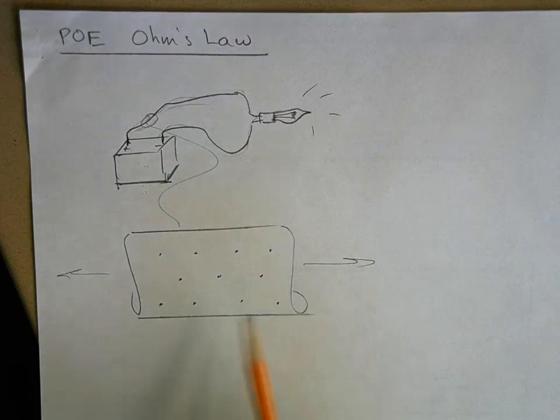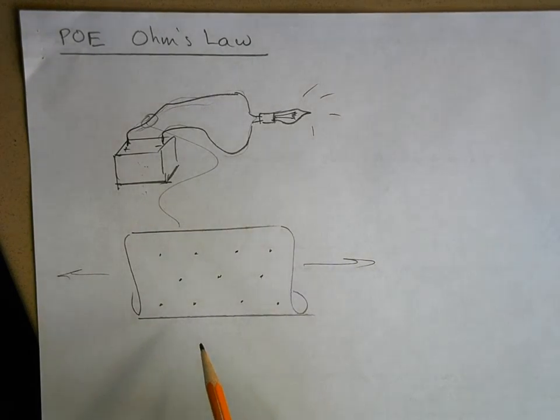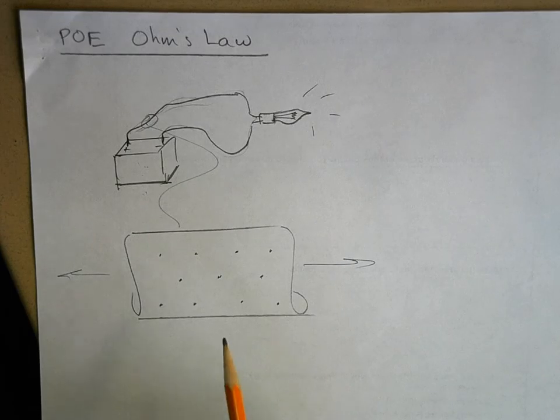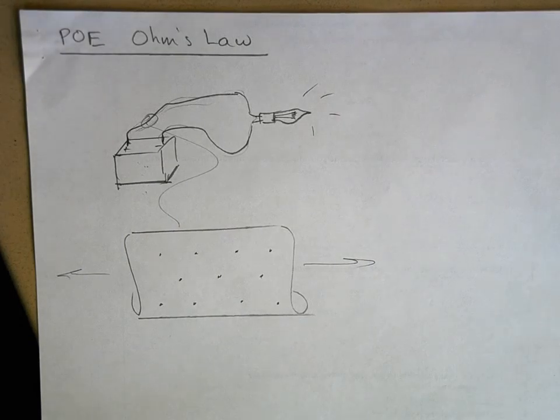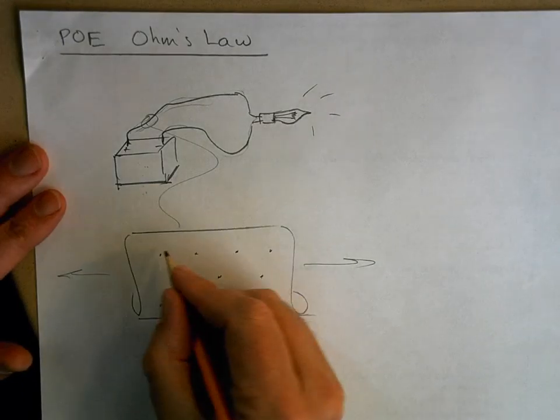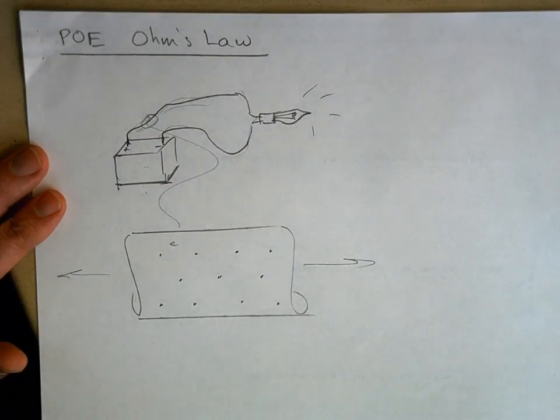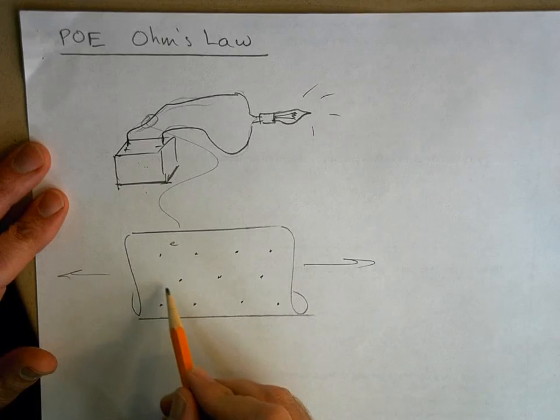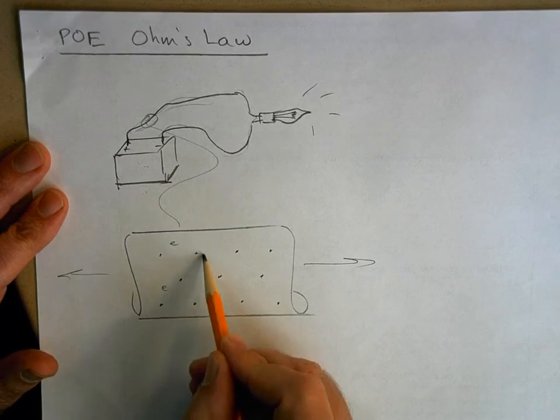But in all metals, and most of the periodic table is metals, the outside electrons are held very loosely by the atoms. So let's say in copper, for every atom, there is an electron that is free to move.